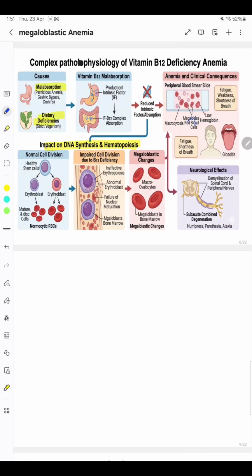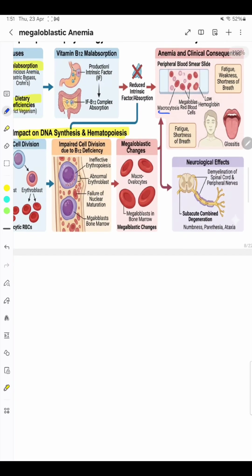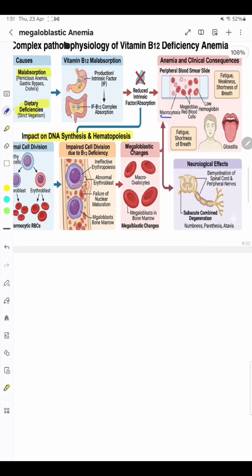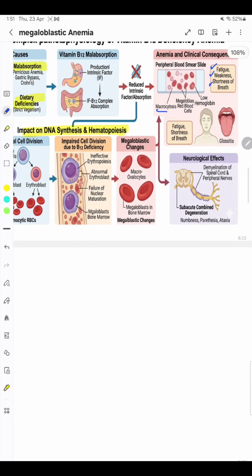On peripheral smear, there are macrocytes, megaloblasts and low hemoglobin on CBC. Due to anemia, there is fatigue, weakness and shortness of breath. As we have discussed, vitamin B12 deficiency results in increased MMA and homocysteine levels, and they cause myelin damage.